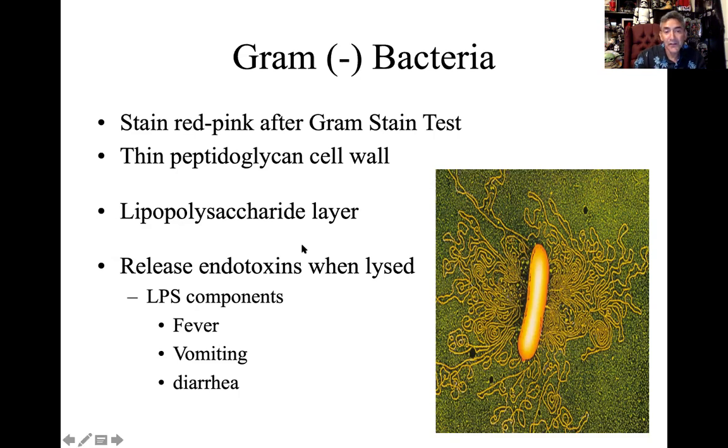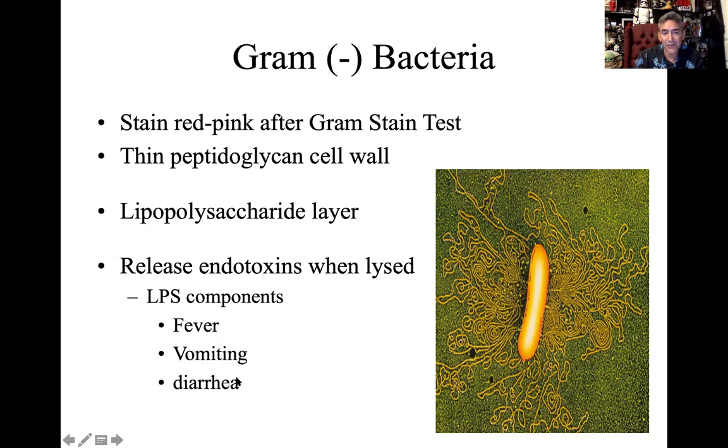These bacteria are not considered as potent as the exotoxins. So the medical community doesn't really concern themselves too much with gram negatives. There are some exceptions, but overall, if you have a gram negative bacteria, you can expect these three classical symptoms together: a low-grade fever, vomiting, and diarrhea.